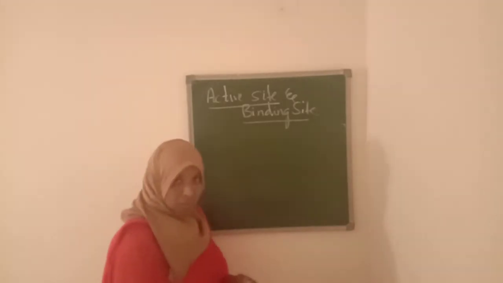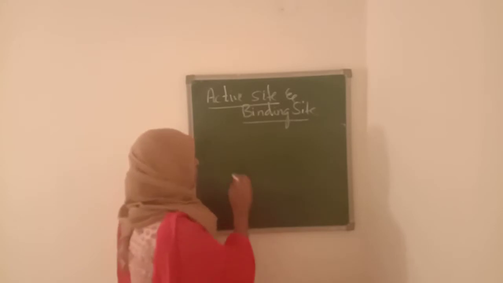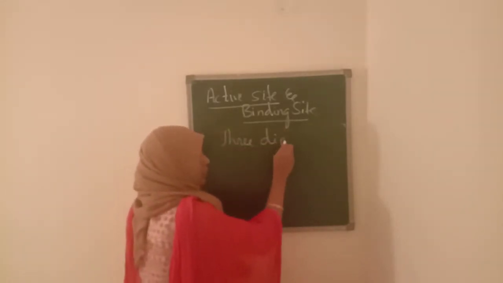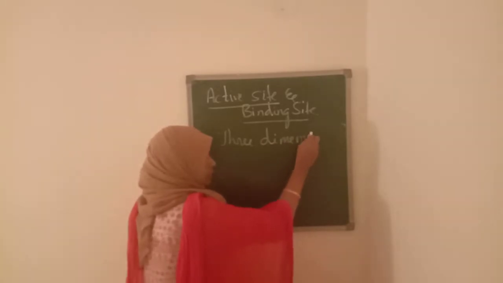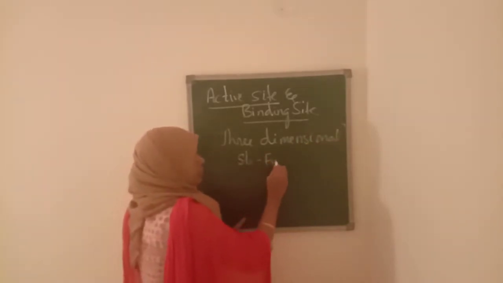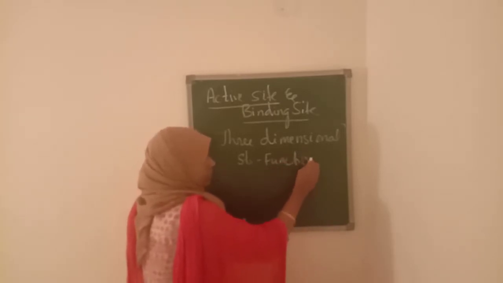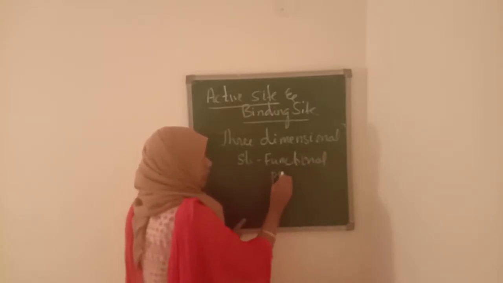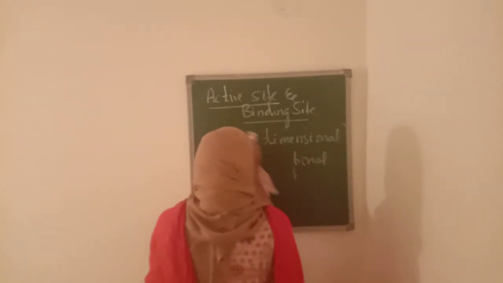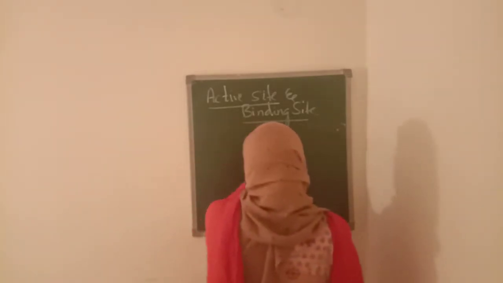We have also discussed that the enzyme has a three-dimensional structure. The functional part of the enzyme has the three-dimensional structure. Now this functional part is nothing but the active site.